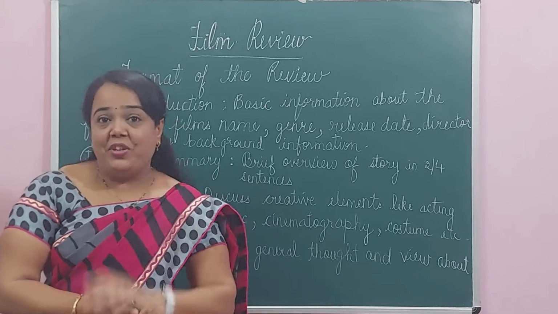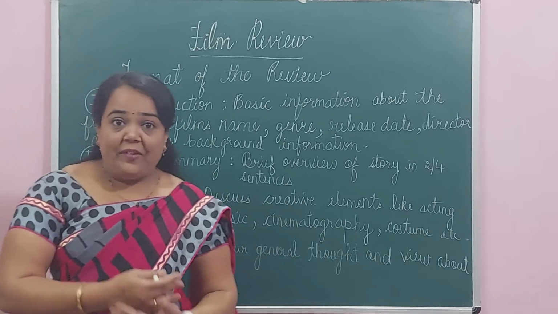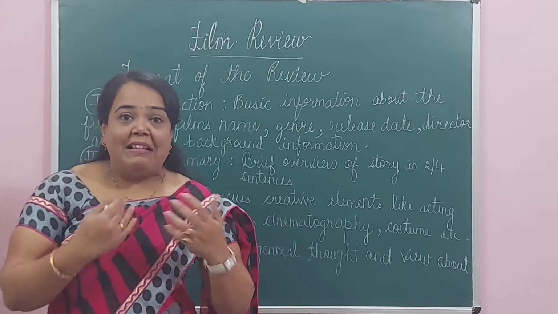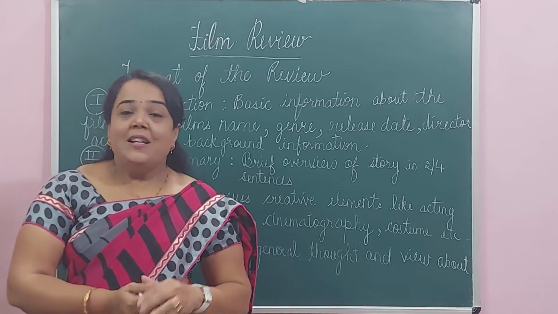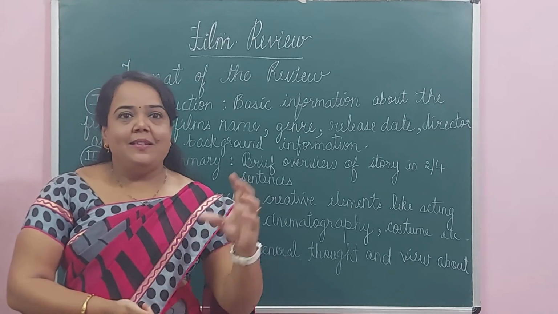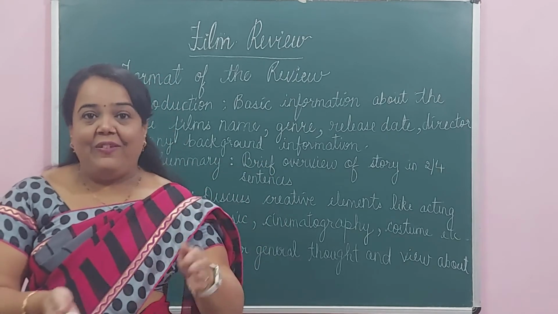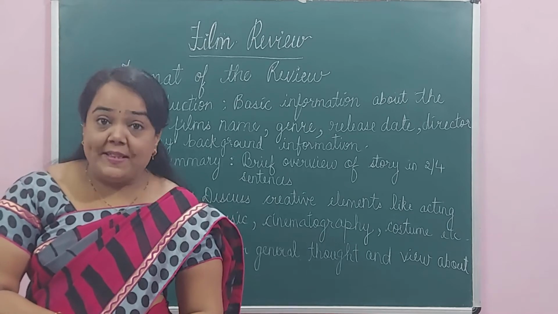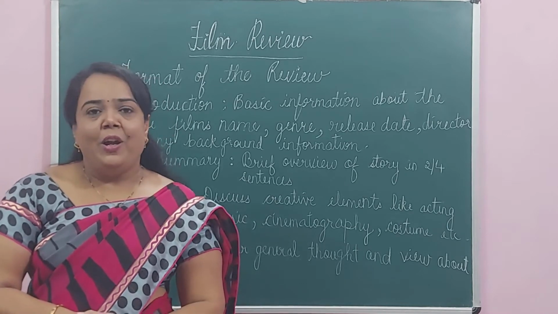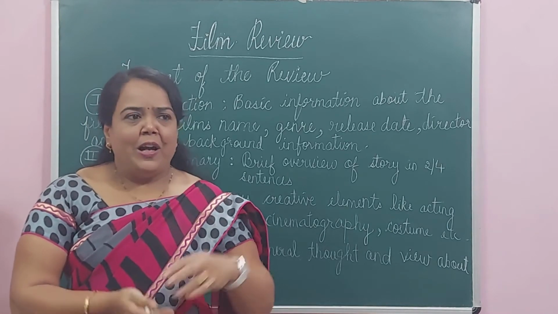And also you can mention the cinematography, the camera work, the lighting effects and everything. Some of the directors are very keen about colors and the use of lights in their movie, and costume, whether they are relevant or not relevant to the setting.